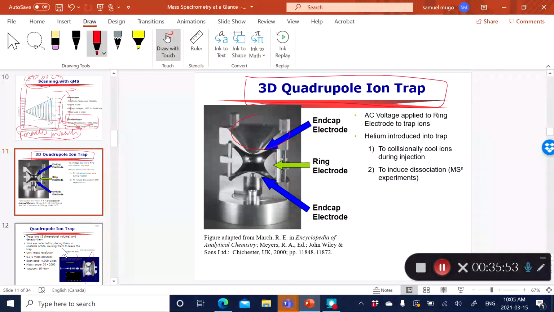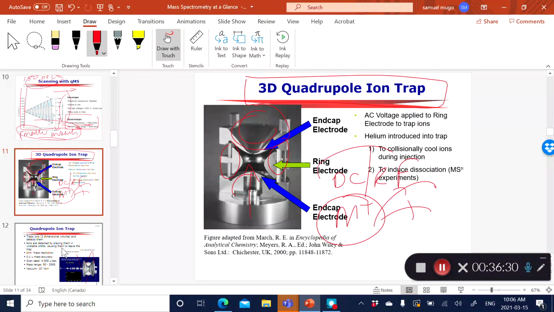So you've got the end cap electrodes, and then you've got the ring electrodes as well. And then you've got the ions getting into this trap, which is just a container. And then you apply a DC voltage slash a radio frequency voltage inside this container. And as I said, the ions get deflected at different angles, based on their weight, and of course, based on the force or the energy that you're applying.